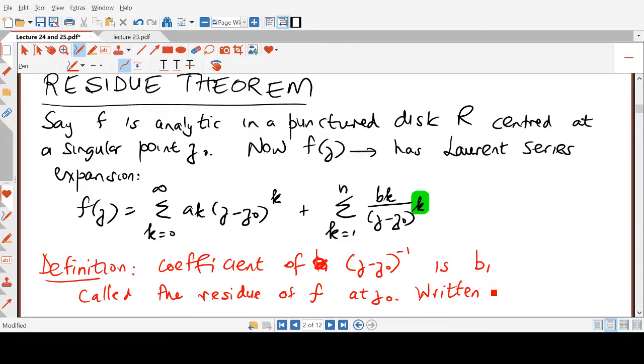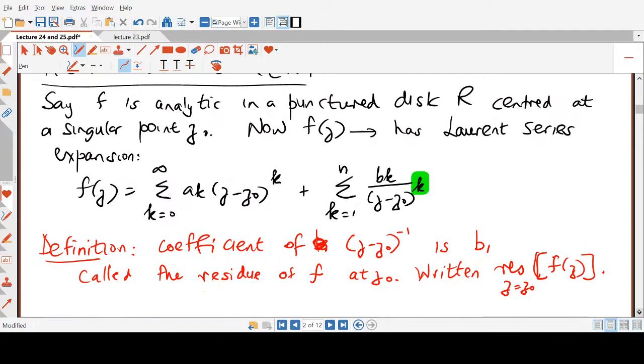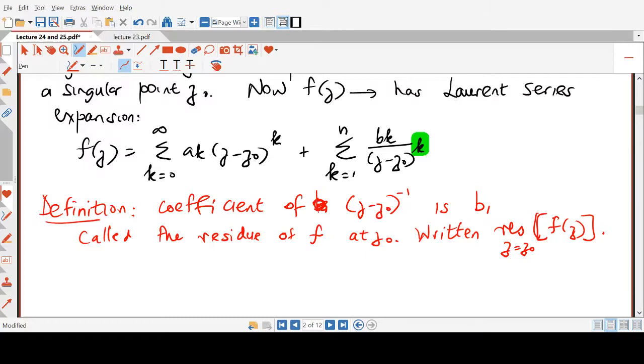It's written residue of f(z) at z equals z naught. That's how you write it. I'm just calling the term with k equals 1, this b_1, the residue. It's just a name. You can call it anything. So I haven't done any mathematics yet, I've just given you a name.